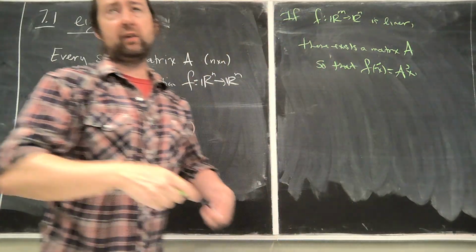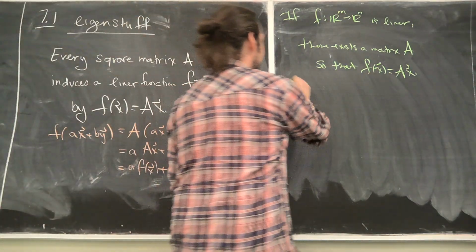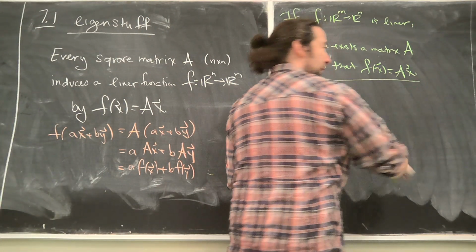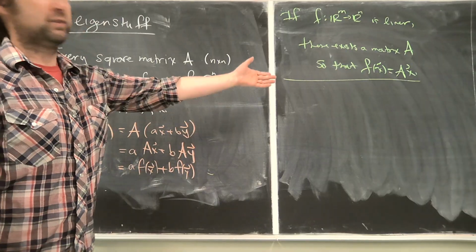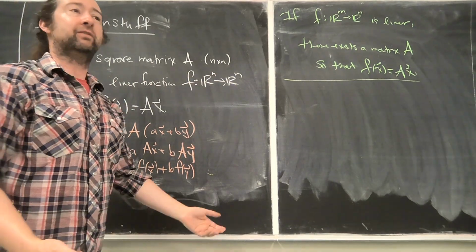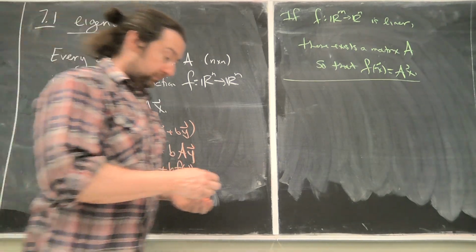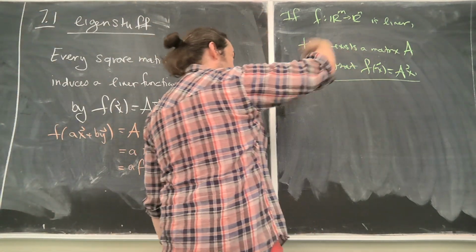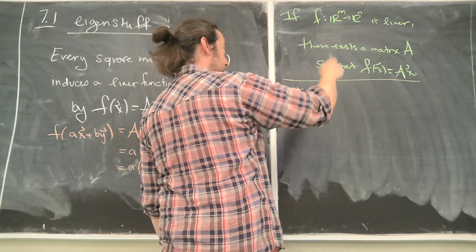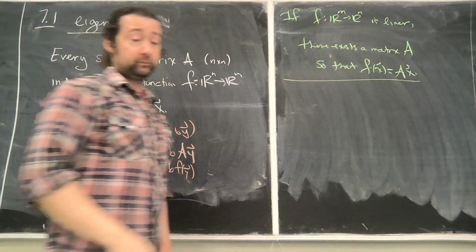This is called the matrix that represents the function f. This is an enormously important idea that I have nowhere near enough time to actually teach you. So if you want to learn about that theorem, I can point you to where it comes out in your book. I think it's in chapter 5. I spent sections of chapter 5 talking about this idea. This is part of the reason why matrix mathematics is so useful: you can represent a really complex set of functions with matrix multiplications.